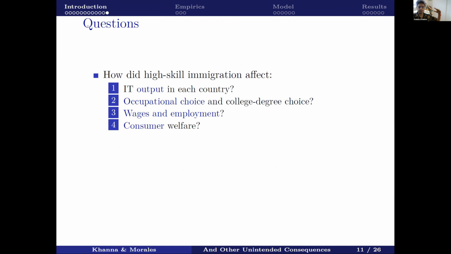So where production takes place. How did it affect the occupational choice in each country? Were individuals now switching to different occupations because of the H-1B program? What happened to wages? What happened to employment?